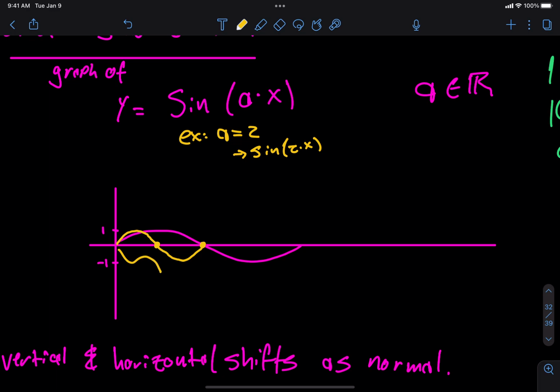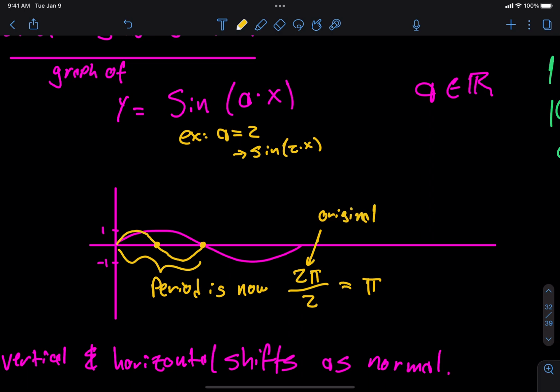So the period is now 2 pi, which was our original period, divided by 2, which is pi. So if we do a shrink by a factor of 2, we take the period and divide it by 2 in order to get the new period, which is pi. So that's how long it's going to take until I repeat.